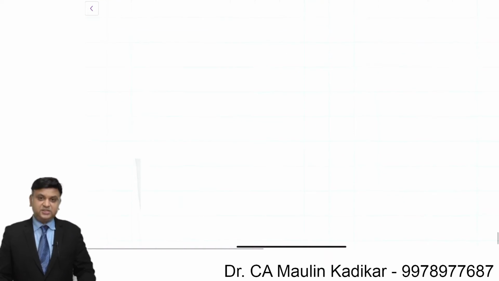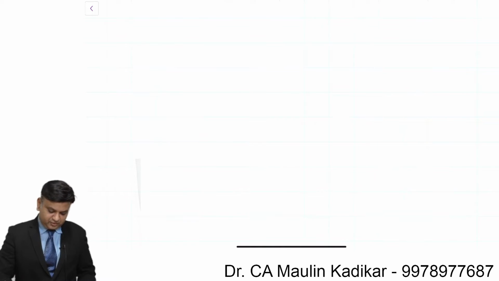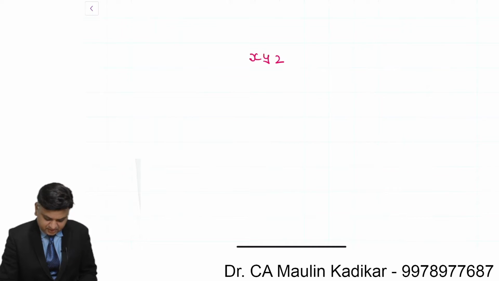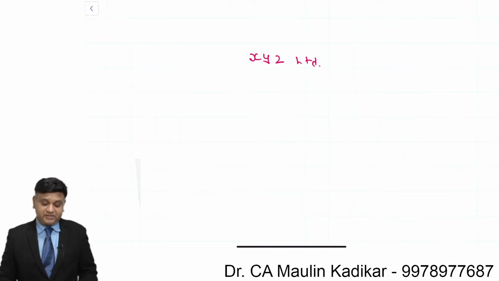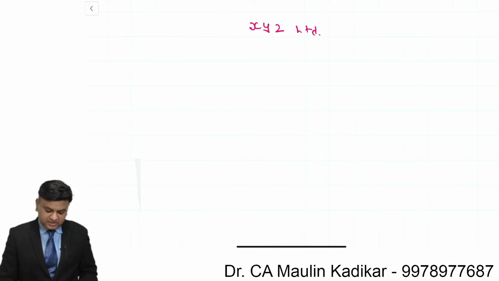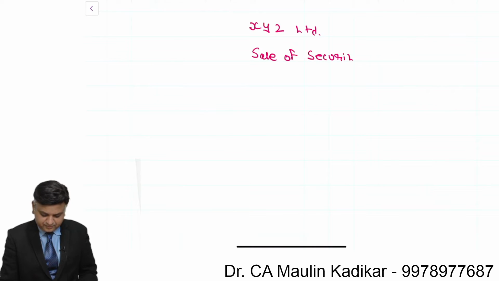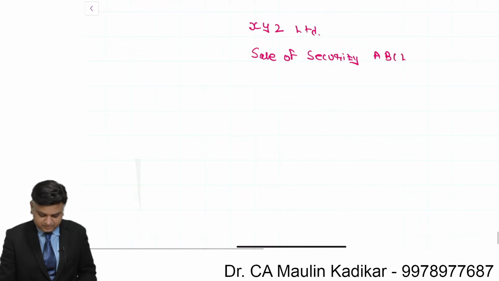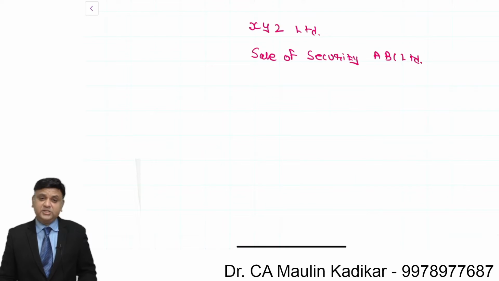So just summarizing the entire question once again before we proceed further. As per the given information, there is an investor called XYZ Limited, which has entered into the transaction for sale of security, ABC Limited, to whom is not provided to us in the question.